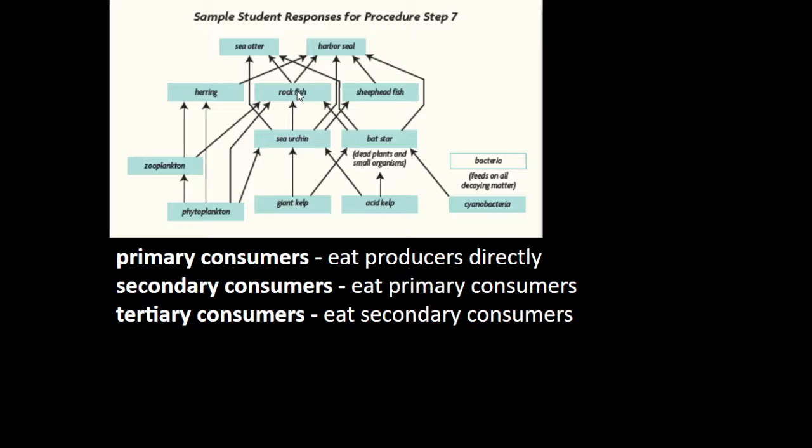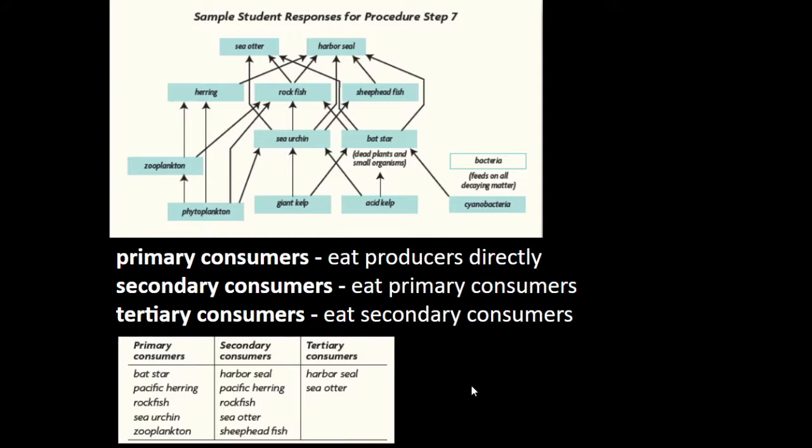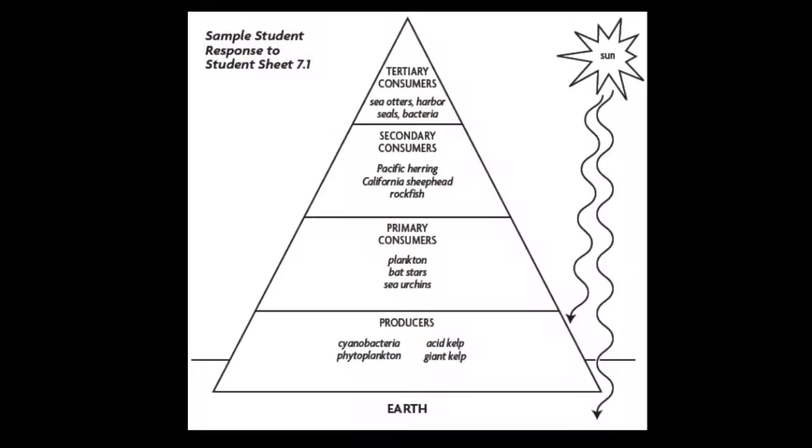So if you look at, let's say, a rockfish, it can be a secondary consumer when you think about it in terms of sea urchin, but it's actually just a primary consumer when you think about it in terms of phytoplankton, because the arrow is coming straight there. So it can get that same energy either through another organism or just sort of going to the source itself. And so then this was just a list of, as you try to lay out what role, what level each of those play, what trophic level.